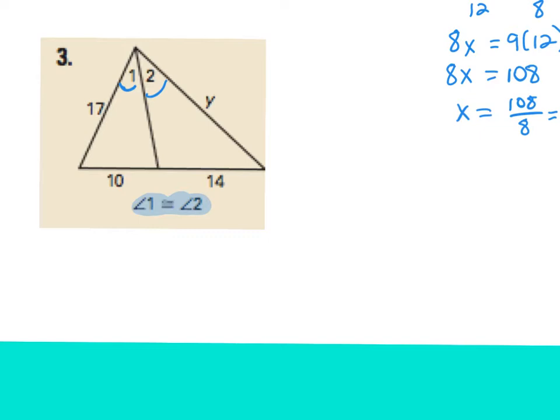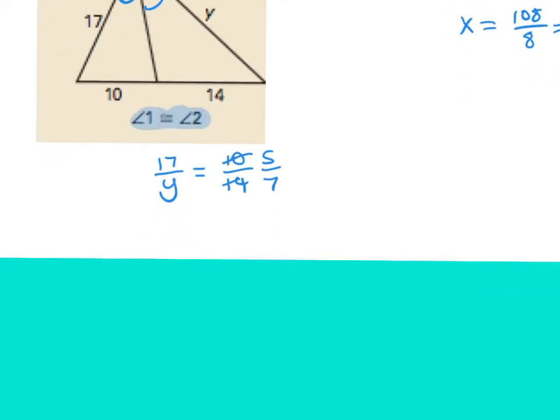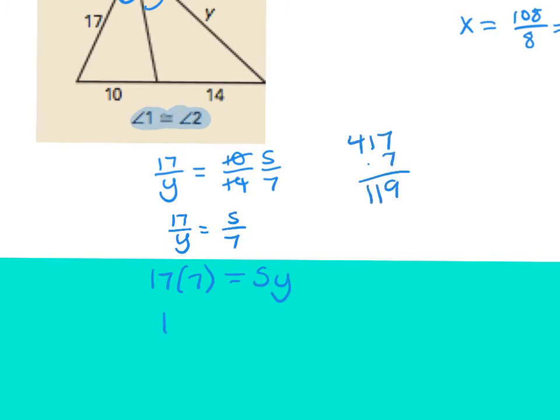So I could put 17 over 10 and y over 14. Or I can go left, right, left, right. I could put 17 over y equals 10 over 14, and that reduces, but it doesn't make it wrong the other way. So this would be 5/7, and I get 17 over y equals 5/7. 17 times 7 would equal 5 times y. 17 times 7 is 119, and then divide both sides by 5.